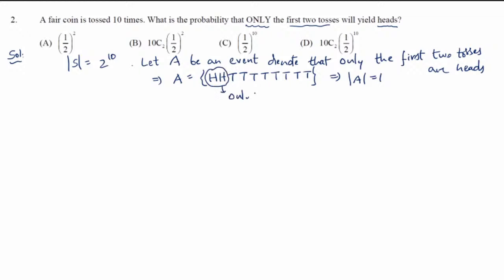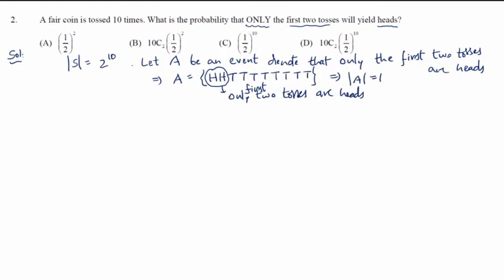Only 2 tosses are heads. Which 2 tosses? That is also mentioned: the first. If they ask only 2 tosses, it may be the second, third, second, 10th, like that; that type of problem is very difficult.